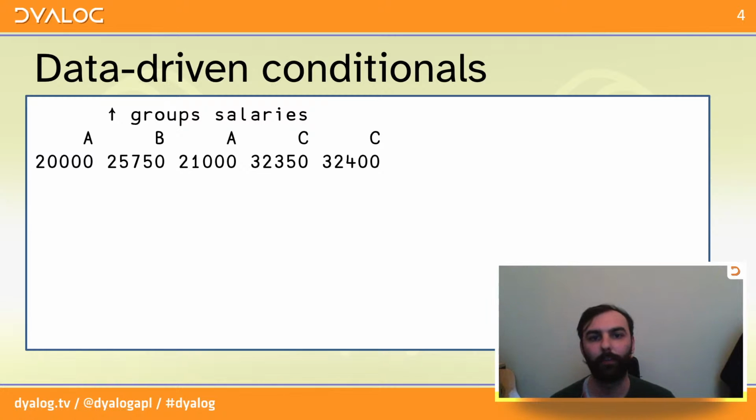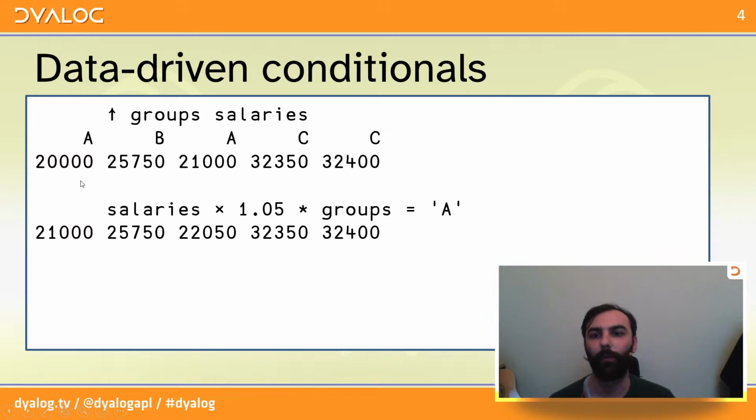The fact that the logical values are just numbers has been used to create what are these days often referred to as data-driven conditionals. So rather than having to loop through an array explicitly and perhaps use if statements to decide whether to do something with the data or not, with APL, a very common technique is to generate a Boolean array as the result of some comparison, and then use some sort of arithmetic to apply your function as a result of the condition.